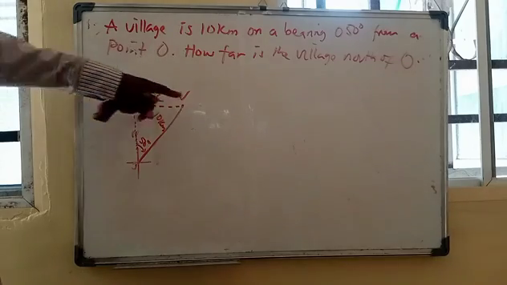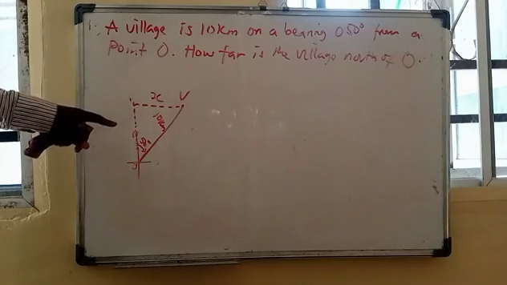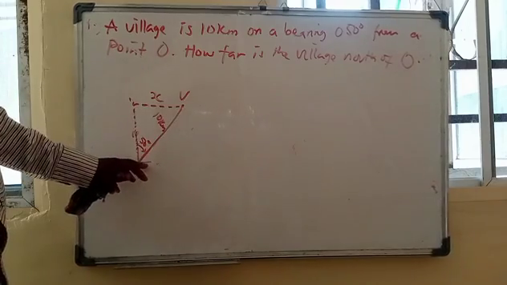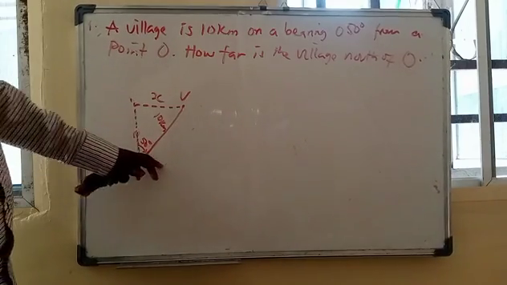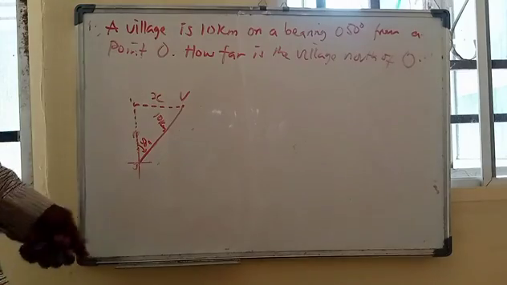It must be a horizontal line, so that the angle here is 90. If it is east, you will drop a vertical line, crossing the extension of the eastern line. So I hope this is understood.